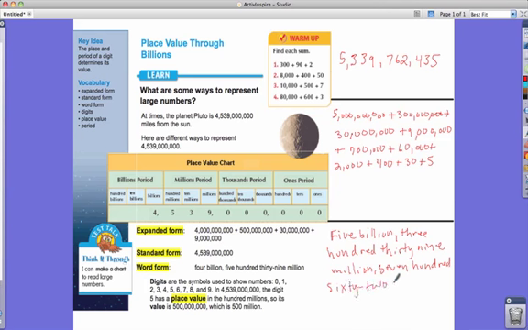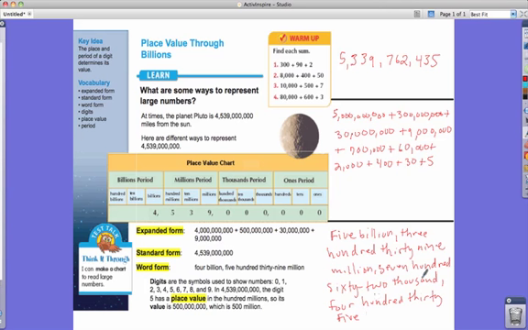As you notice, I'm spelling everything out. That's 762,000. And our last step is 435.